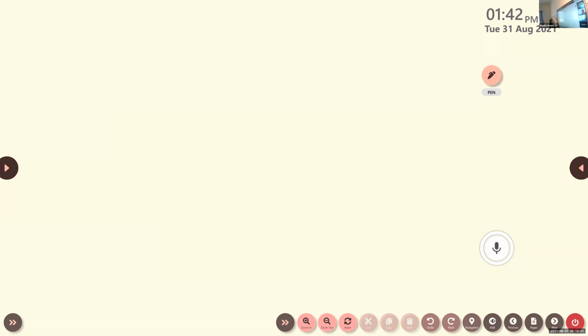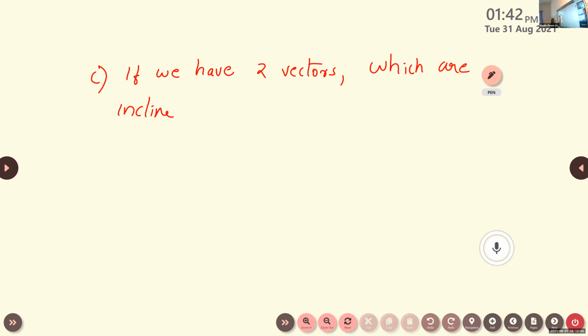If we have two vectors which are inclined at an angle theta.